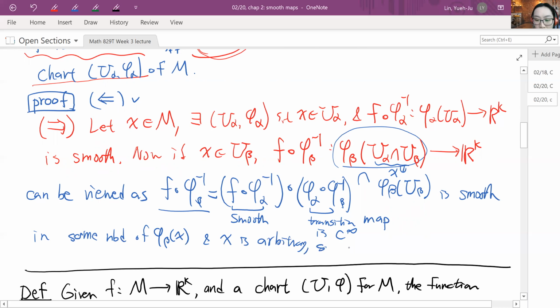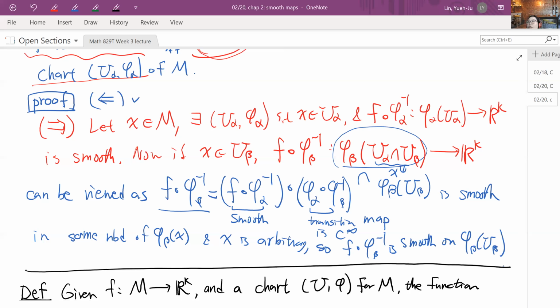So it turns out that this map is smooth on the whole domain. Back then we had a slightly smaller neighborhood, but since X is arbitrary, you can have a derivative at every point in it.